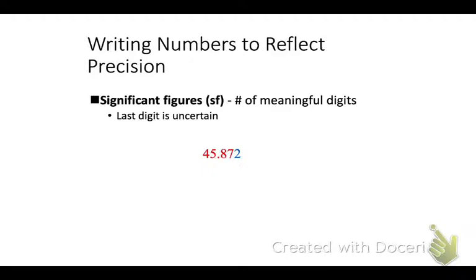We also know it is 45.87, and then we could not really have a graduation to confirm the 2, so we estimated it to be 2. So there are 5 significant figures in this measurement. All of them are certain, and the last one, which is the part of 1,000, is estimated.